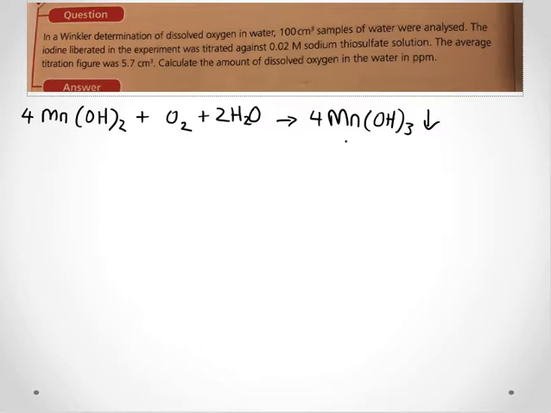But the bit that we're interested in here is for every 1 oxygen you have here, you are getting 4 of your manganese hydroxides, your manganese 3 hydroxides.